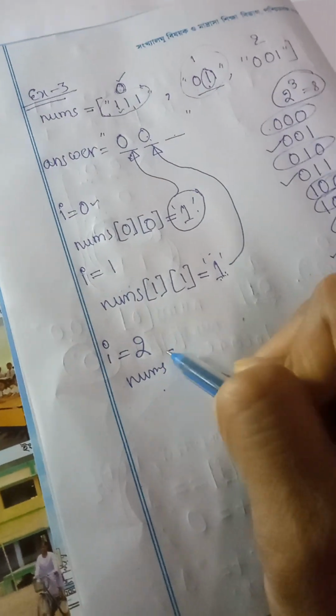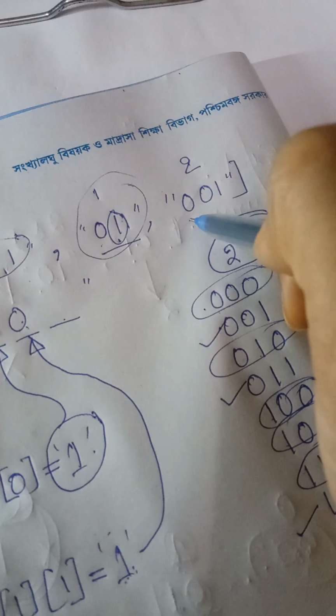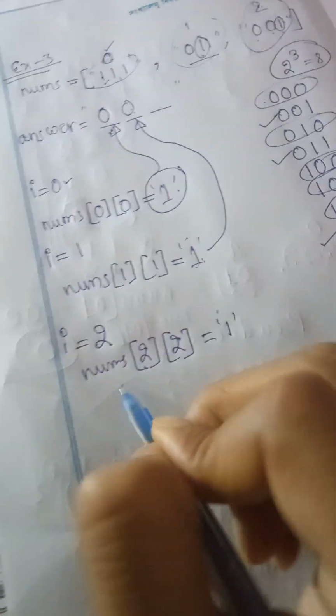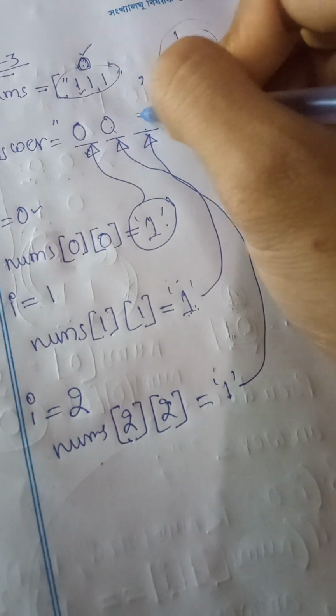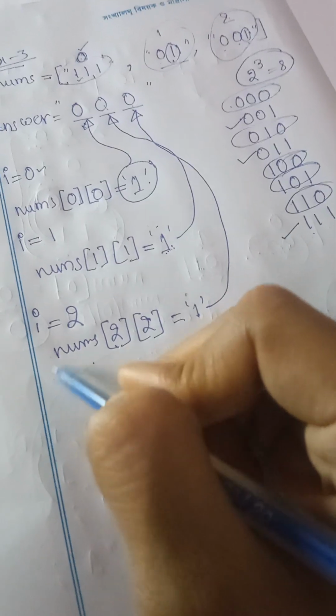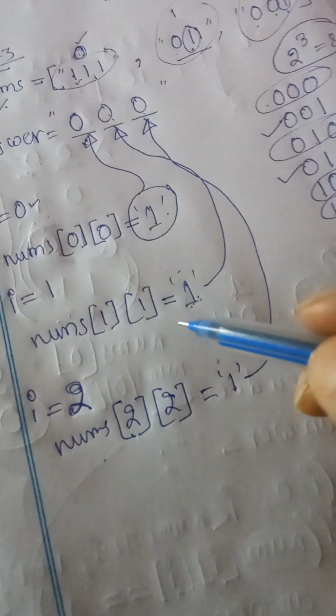Next, I'm checking nums of 2 comma 2. What is nums of 2 2? Here you can see 0 1 2, this is the 2nd string, and this is its 2nd character, 1 again. So it is 1, so I will store here 0. Next, I has reached the size of nums, which is 3.